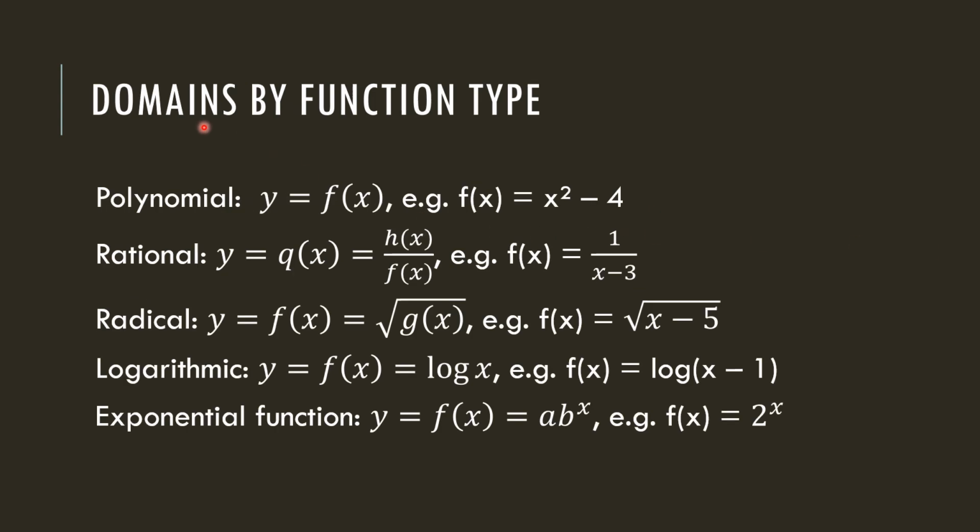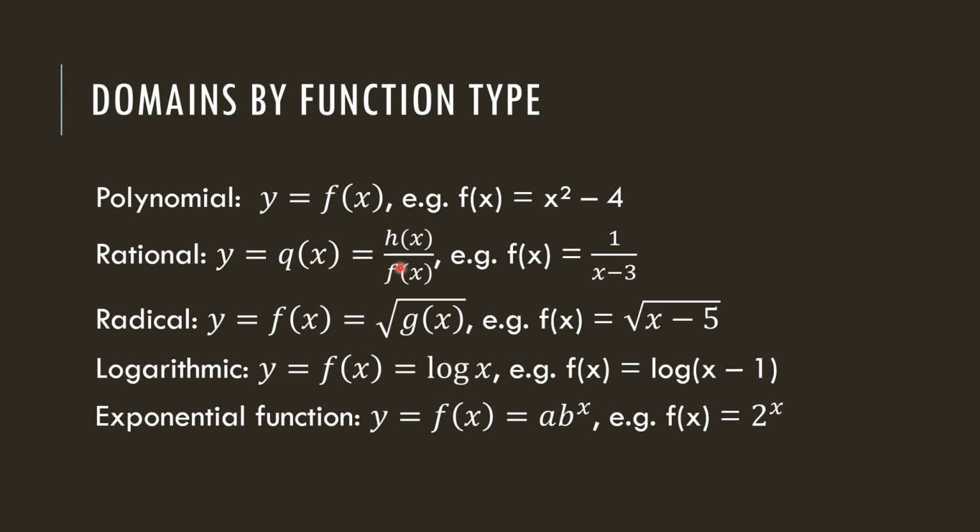Then let's talk about domains by function type. We are going to learn the kinds of restrictions put on other function types. The function types we are going to work on are polynomials, rationals, radicals, logarithmic functions, and exponential functions.